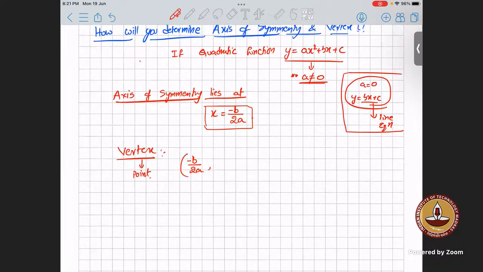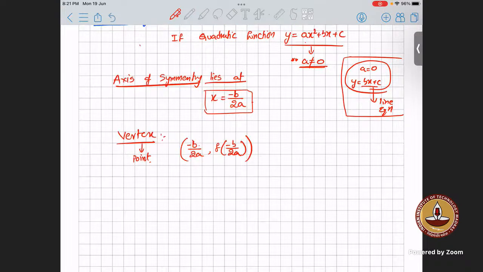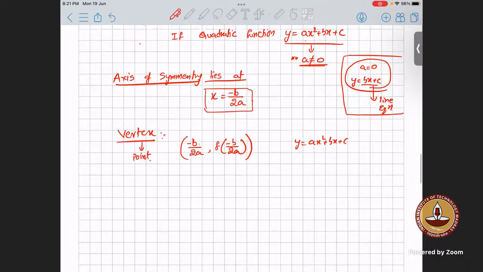Just put this x value in this function. This is simply finding a point now. You know the x value, and y equals ax square plus bx plus c. The vertex lies at x equal to minus b by 2a.